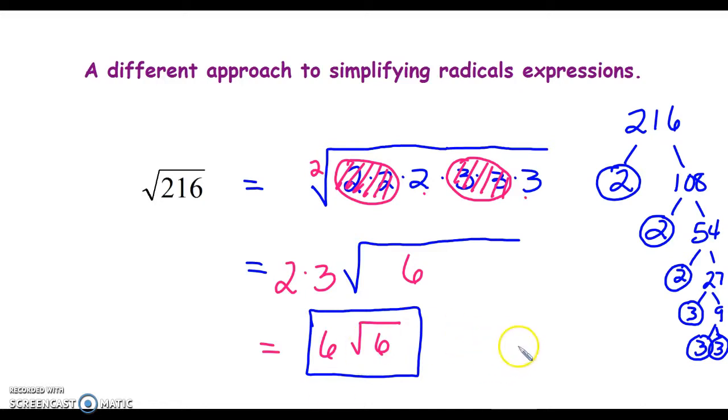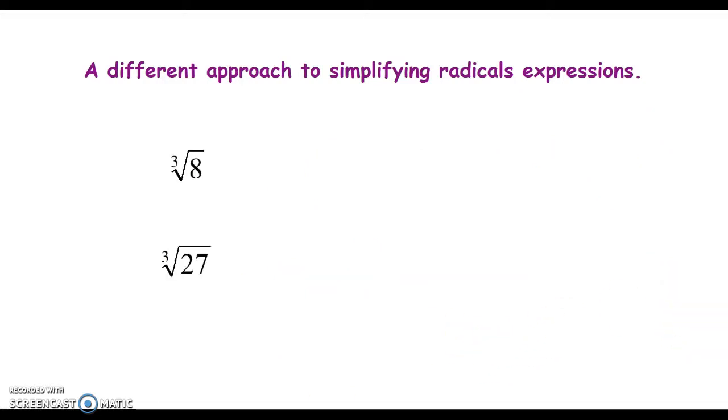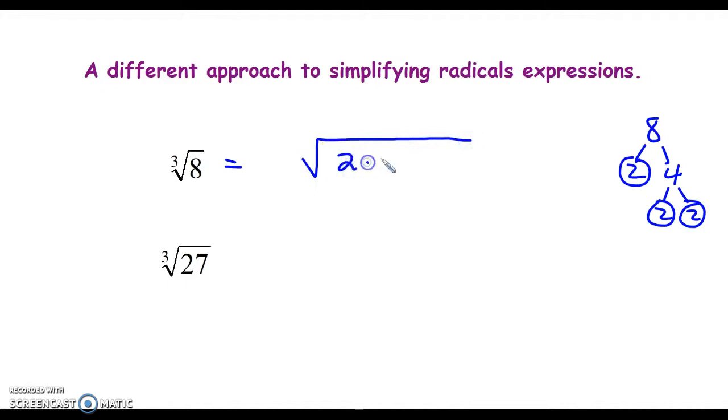All right. What if we're doing cube roots? Cube roots work the same way. Okay, 8 is 2 times 4, and 4 is 2 times 2. There's your prime factors of 8. All right? So let's write that. I've got 2 times 2 times 2. But our index here is 3, which means in order for you to cancel things out and bring them out from underneath the radical sign, you've got to have groups of 3.